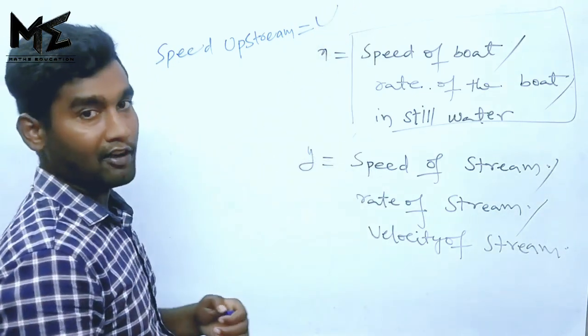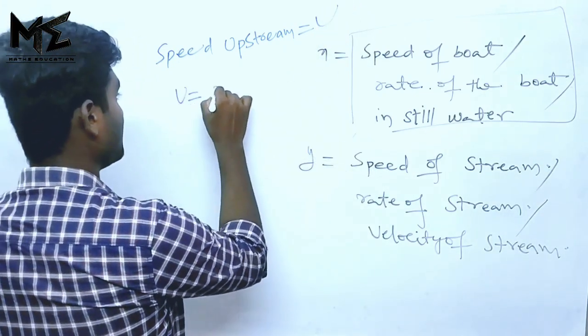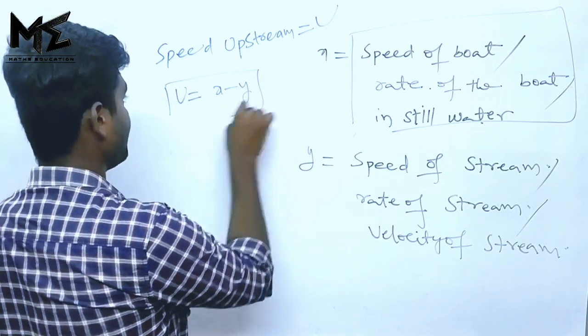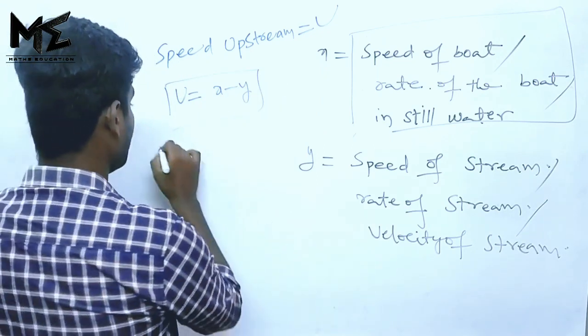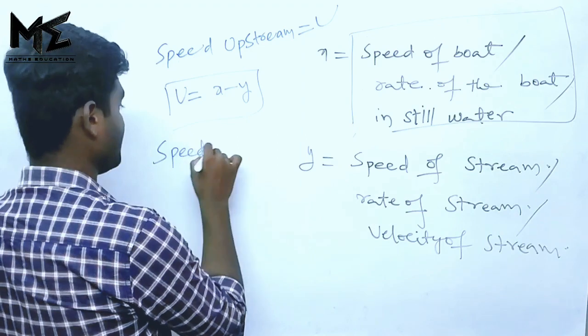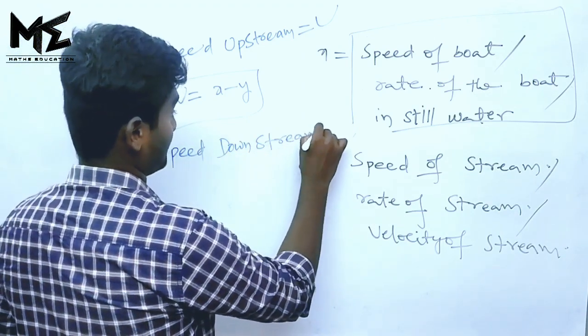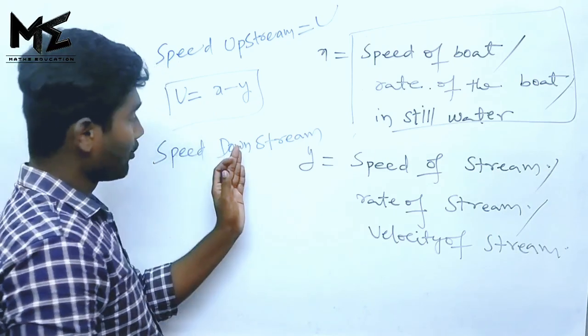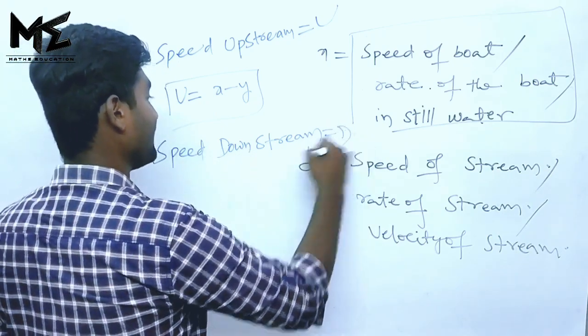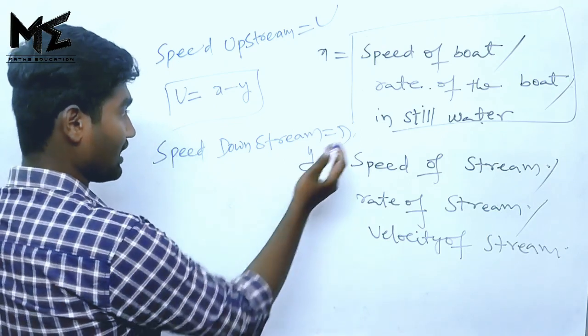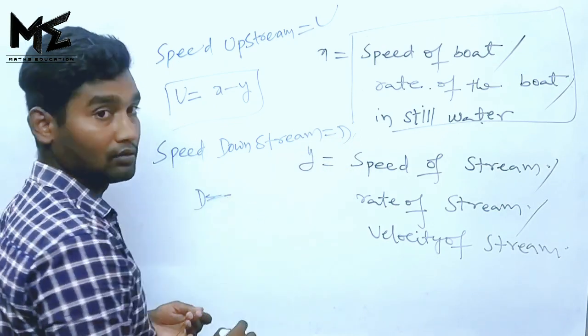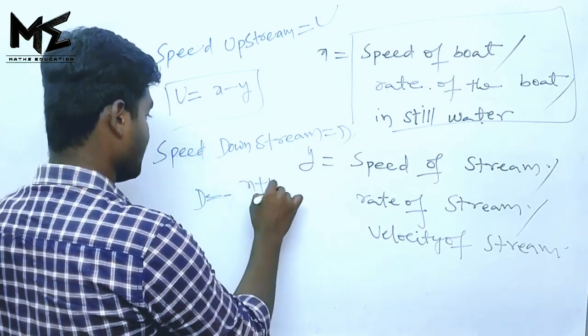We have the formula u equals x minus y. Next we have speed downstream. If we have speed downstream, directly I will take d. We have the formula d equals x plus y.